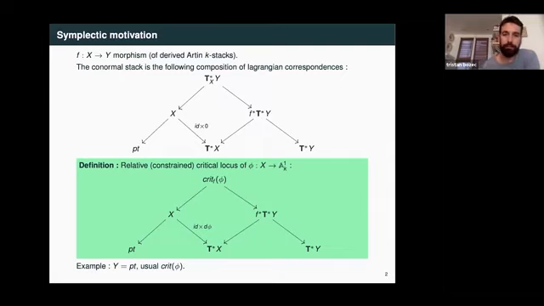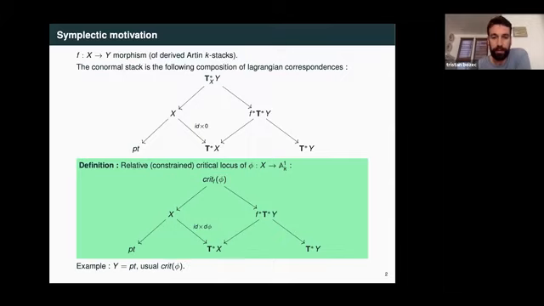And well, the idea is to deform this construction and define what we call the relative critical locus of a function, or constrained critical locus. So basically you want to think of F as a constraint. And you see that the difference in this new diagram is that we replace the zero section by the graph of the differential of our function phi.